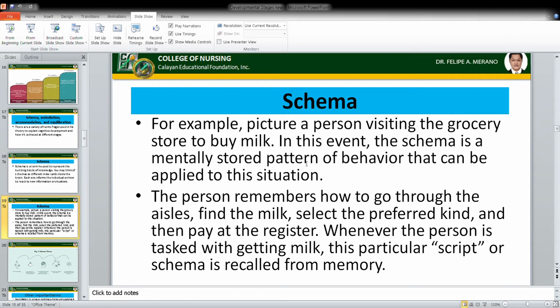And when you are now in level 2 or level 3 and are advised to do hand washing, you will perform the hand washing taught to you during your first level. That is what we call schema.